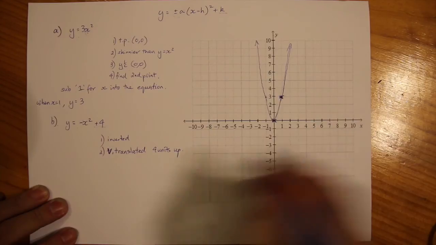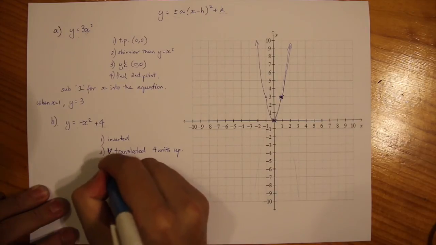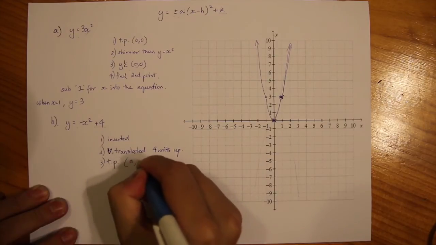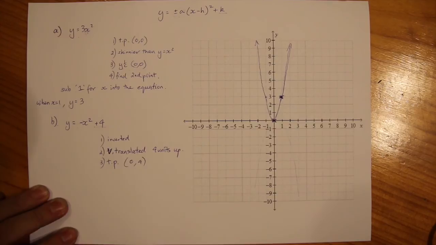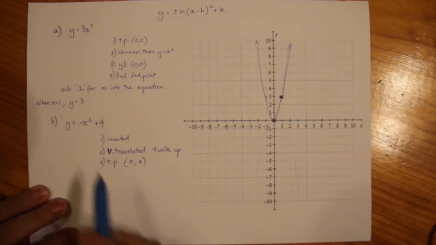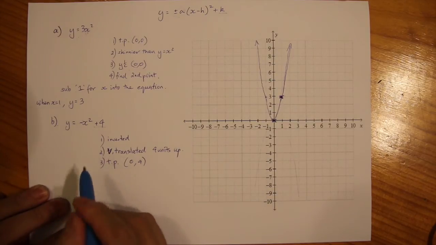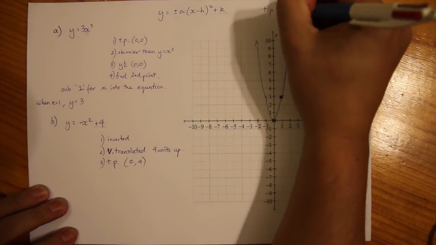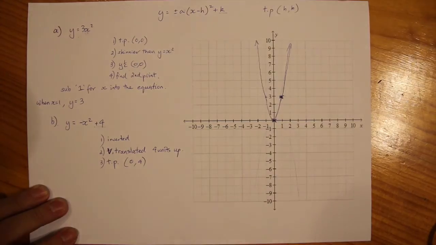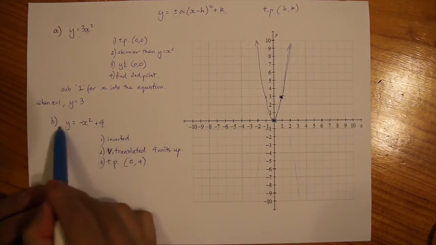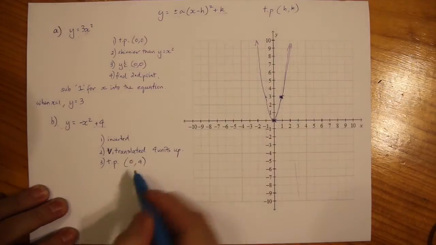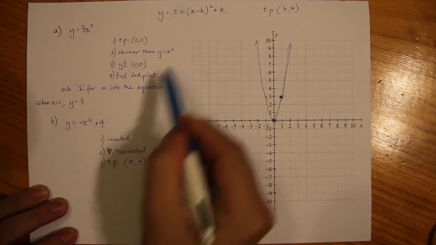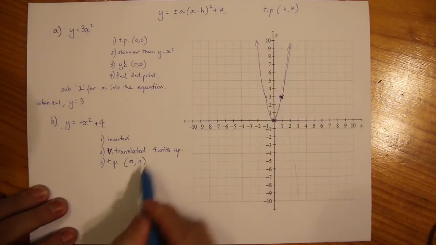Okay, so that means that the turning point is going to be at 0, 4. Remember the turning point is found as the value of h and k. Now with this equation here, there is no h, so we can assume that h will equal 0, and then the value for k is 4.